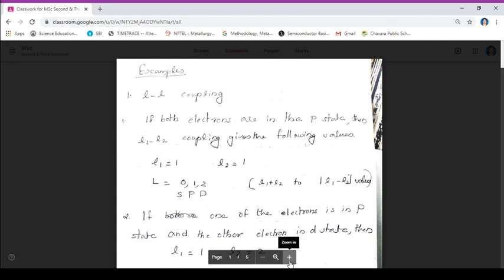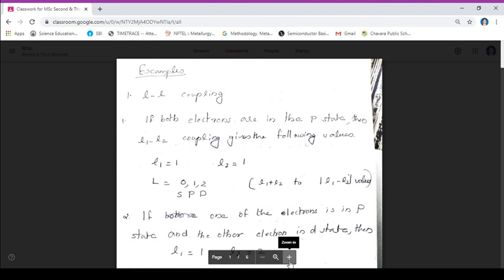In the LS coupling scheme, the individual orbital angular momenta are added, and then the spin components are added. This gives a capital S value, and the other gives a capital L value, and this capital L and capital S combine to give the total angular momentum.